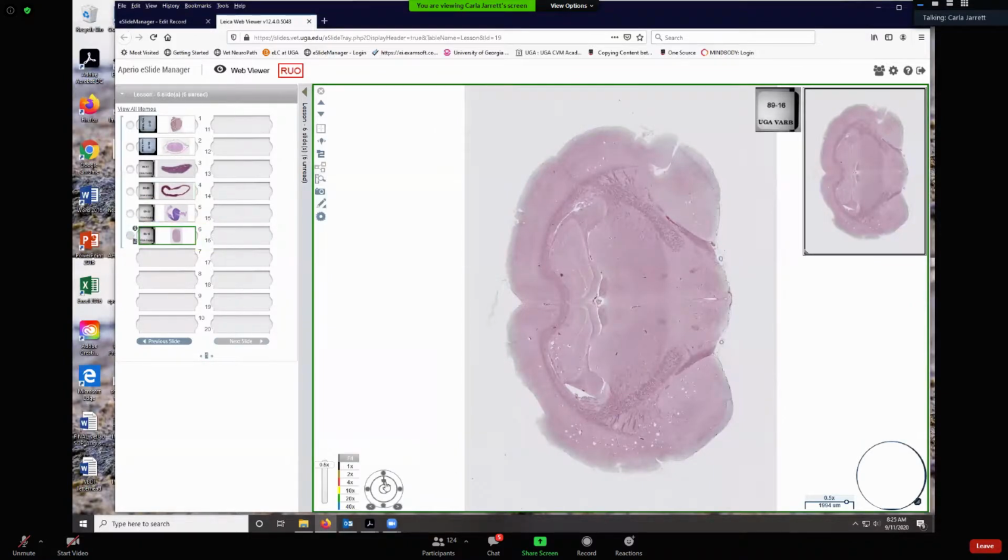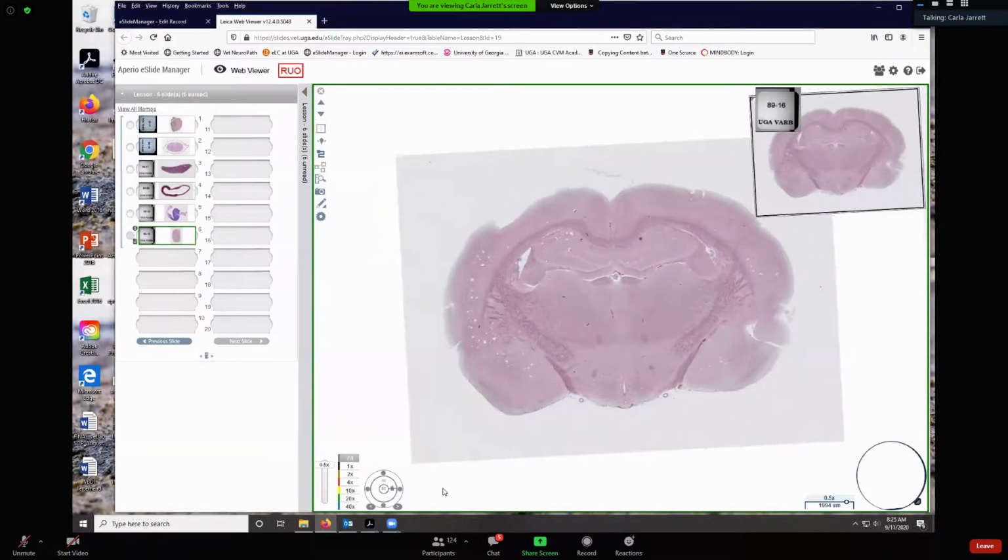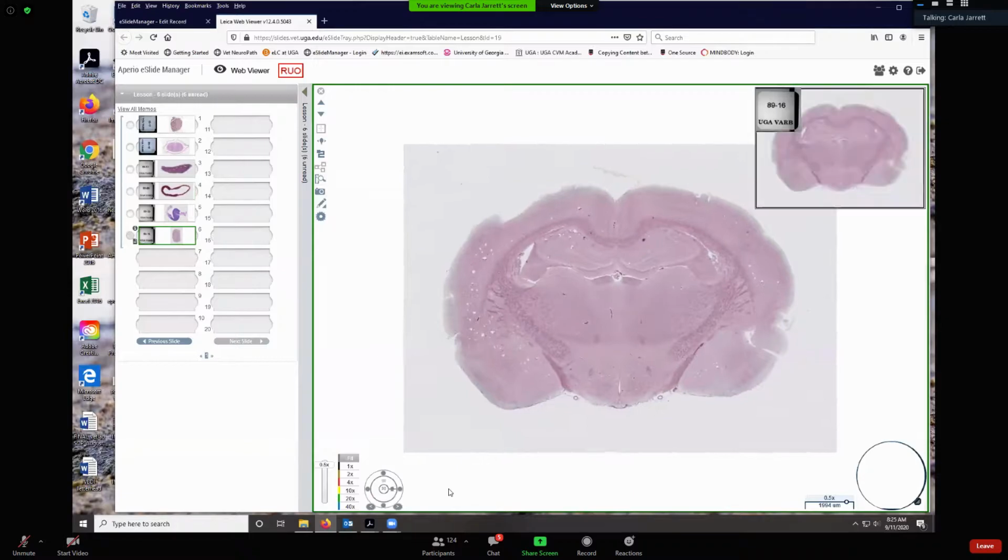This is a section of a rat cerebrum. Now, the rat is not like the domestic species. It's not like humans. It doesn't have a lot of folds on the surface of the cerebral cortex. So this is the cerebral cortex from here to here on the rat, okay?